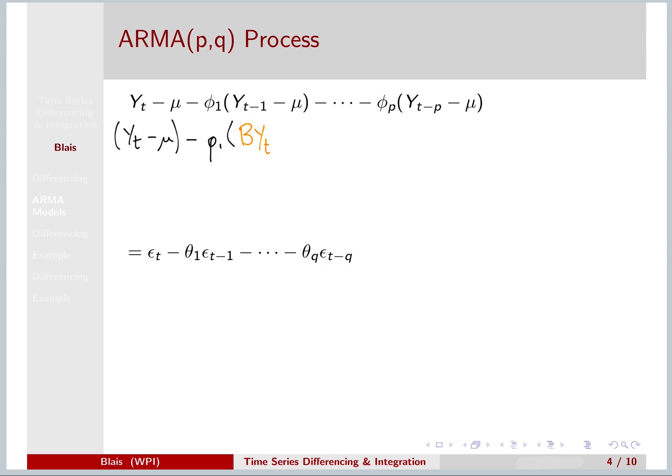The definition of that backwards operator tells us that B y_t is y_{t-1}. So we're using that here. And also recall that the backwards operator does not affect a constant. So B times the constant mu is also mu. So we can take this mu and write it as B operating on mu.